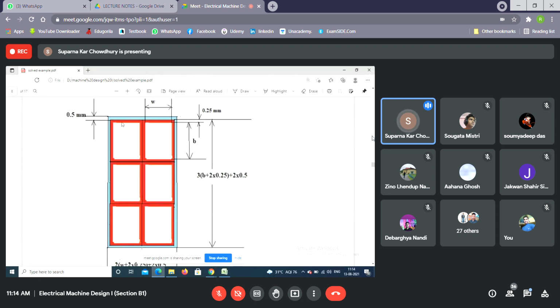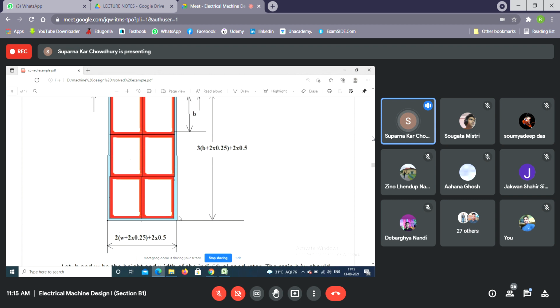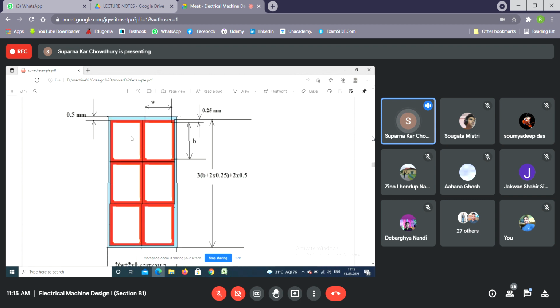Now these are arranged. Then the outer one, this is normally a cotton tape. This is an insulation, and an additional thing is that this is acting as a binder to hold the conductor together.